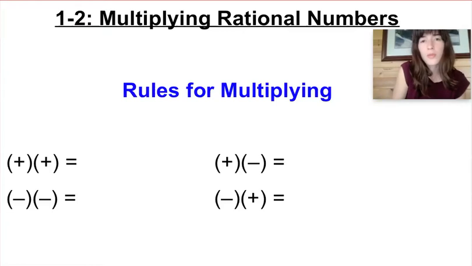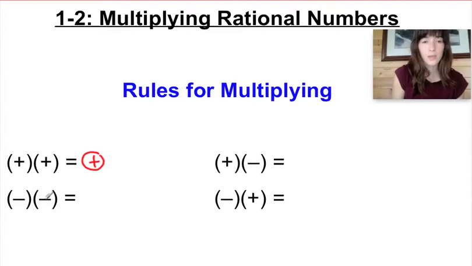So remember a few rules for multiplying in terms of positive and negative. When we're talking about integers, if you remember, integers are the whole numbers that are both positive and negative. So positive 3, negative 3, those are integers, the family of numbers that we call integers. If you have a positive number times a positive number, you get a positive answer.